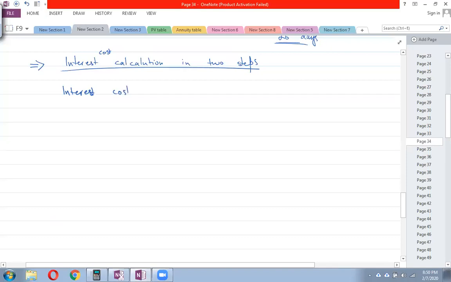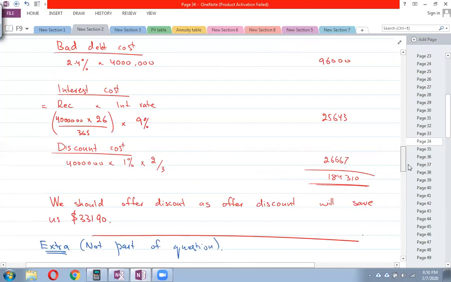Interest cost one, customers taking discount. And interest cost two, customers not taking discount. So how much was the interest cost currently?